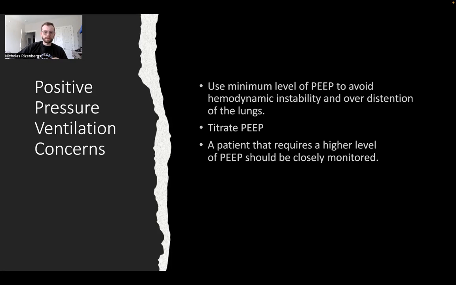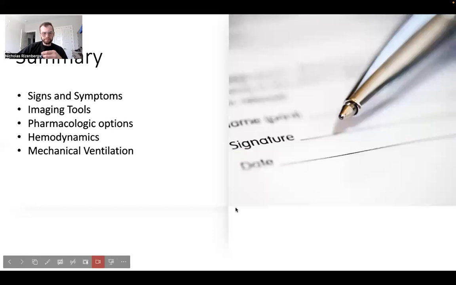But also because of the hemodynamic instability, you don't want to have an excessive amount of PEEP to impede on the great vessels and keep any venous return and decrease the cardiac output. So you want to titrate it as much as you can. You want to find the optimal level of PEEP for hemodynamic stability and oxygenation status. So that is the big key with this one.